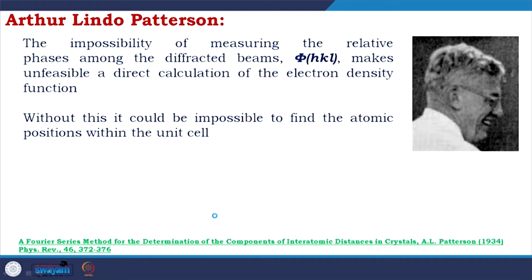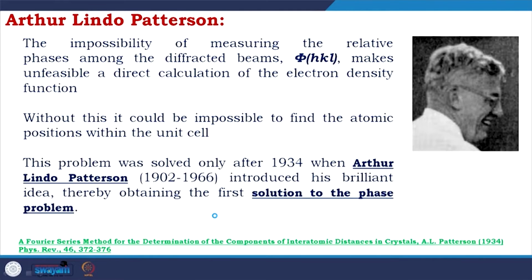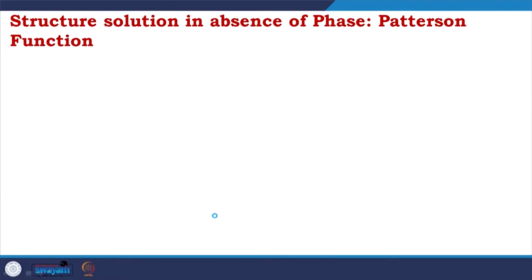Without this, it would be impossible to find the atomic positions within the unit cell. The problem was solved only in 1934, when Patterson introduced his brilliant idea, thereby obtaining the first solution to the phase problem. What is his idea? We are going to discuss it in detail.